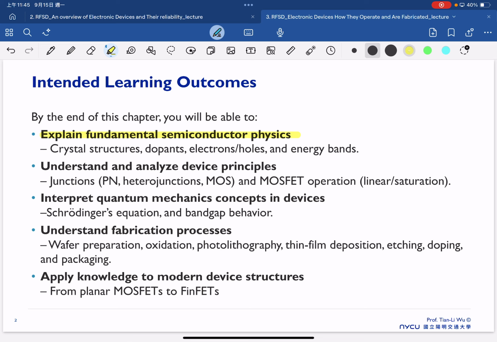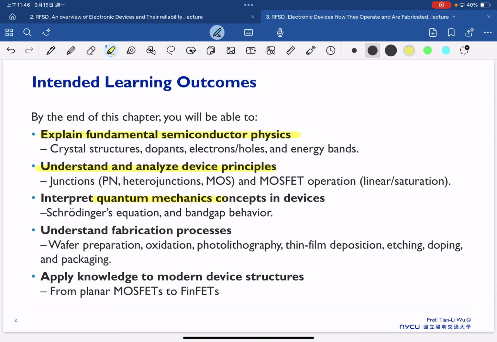And also you will be able to understand and analyze the device operation principle of the junction and then the MOSFET. And also when we talk about semiconductor physics, we always have to mention quantum mechanics here. Interpret the quantum mechanics concepts.